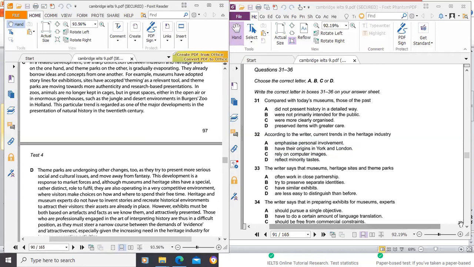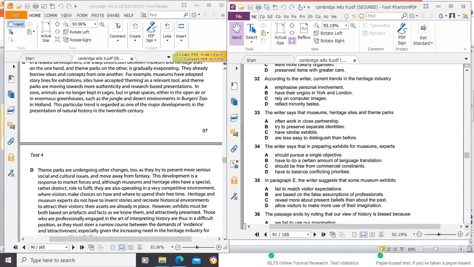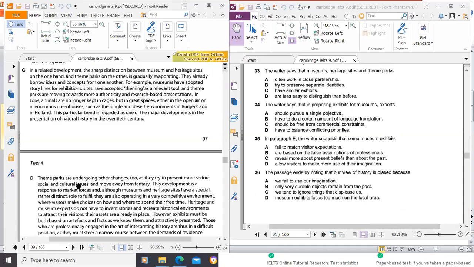So number 33 says, the writer says that museums, heritage sites, and theme parks often work in close partnership. So you see that. I could quickly, where did they mention that? I think here or here, I think here, but let's see.